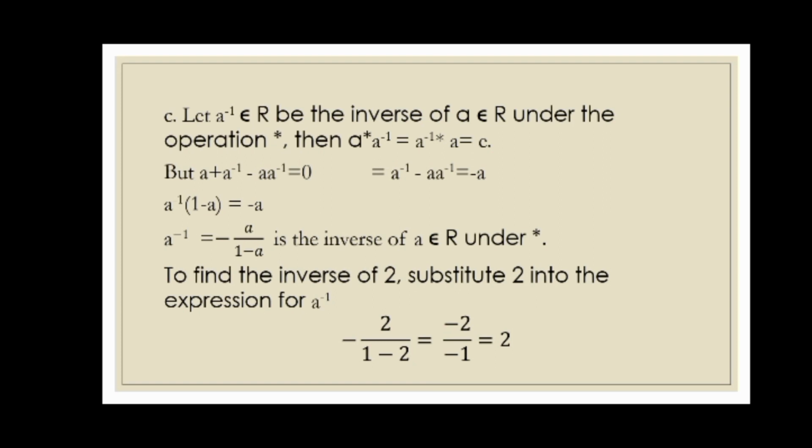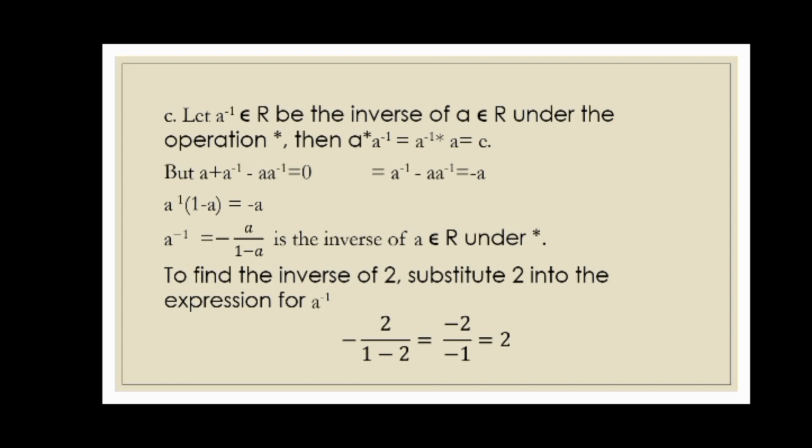But A star A inverse is equal to, from the question, A star B is equal to A plus B minus AB. So we will have A plus A inverse minus A times A inverse, and that gives us the identity element.